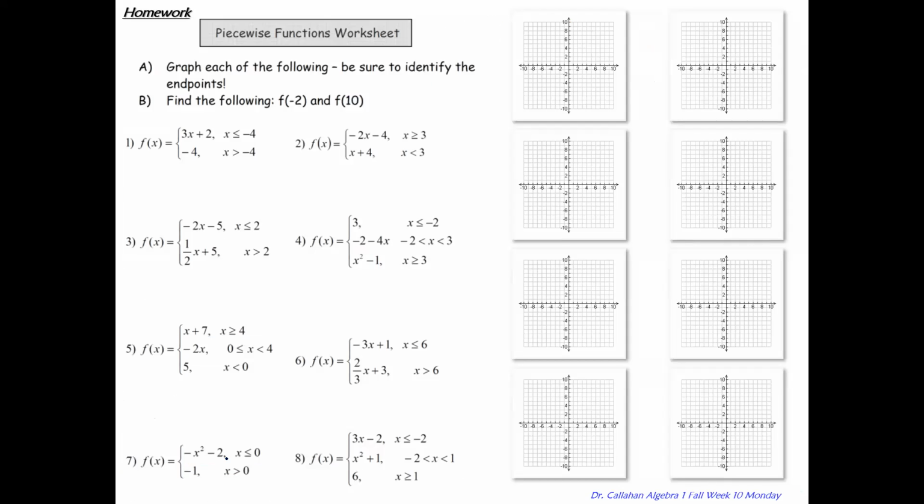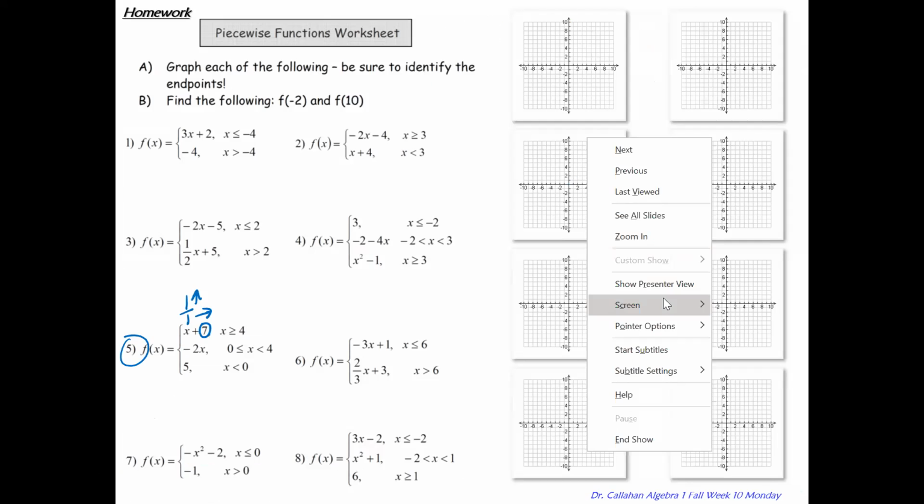Okay, let's go ahead and work on one together. Let's do number 5 together. So for number 5, you have x plus 7. So x plus 7 means you start at 7 and you're going to go 1 over 1, so up 1 over 1. Let me give me a second to set this one up correctly for you guys.